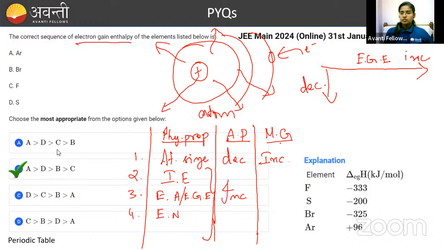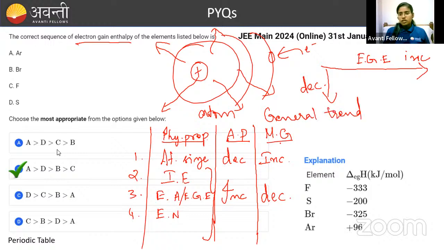If atomic size increases on moving down the group, the other three decrease. Atomic size is inversely proportional to the other three. All right. Is it clear? You can write this general trend in the periodic table.